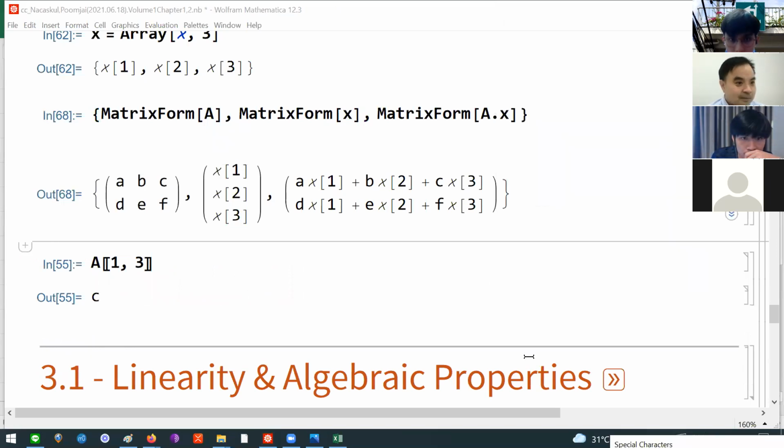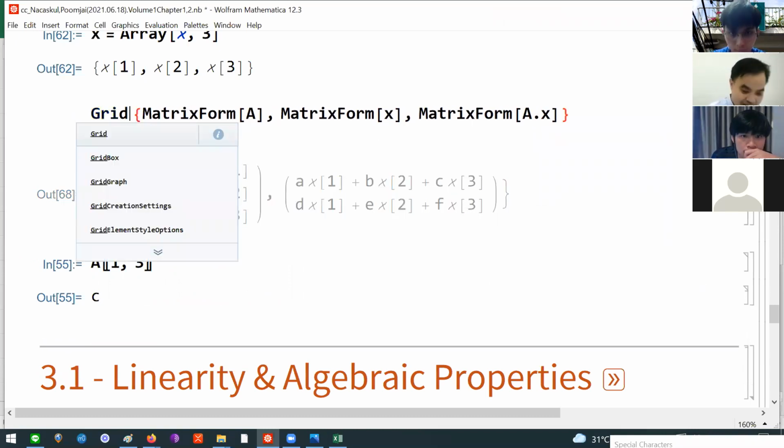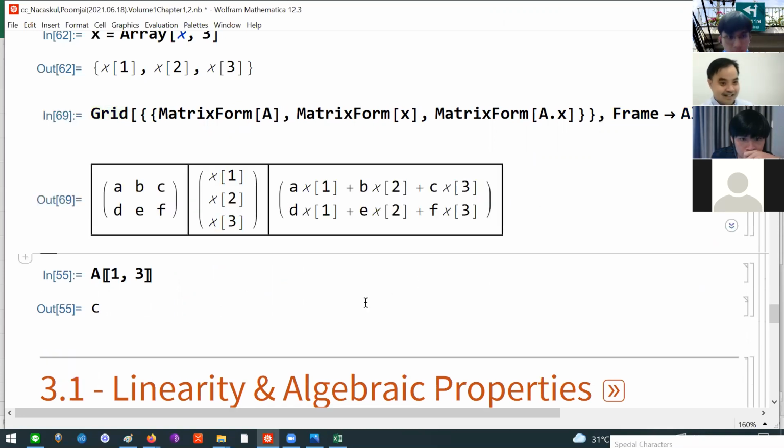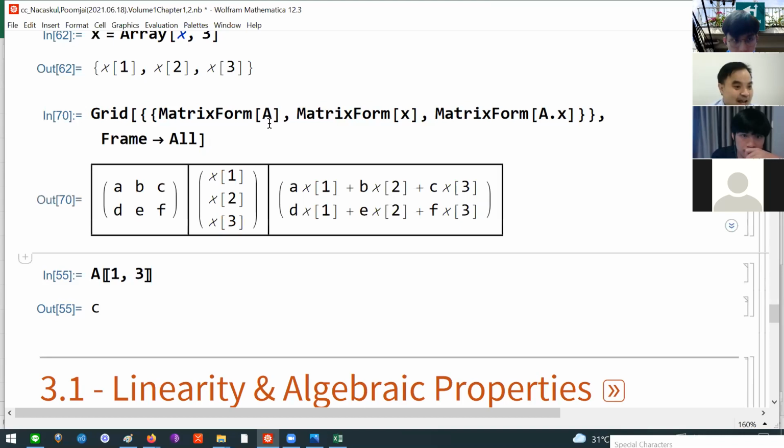By the way, I can make it look nicer by putting it in a grid and some kind of frame. This is just formatting. It's always a little bit clumsy to do formatting just to make it look nice. But this is what happened.